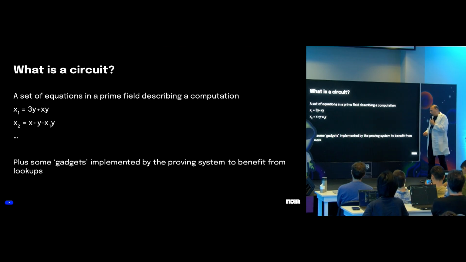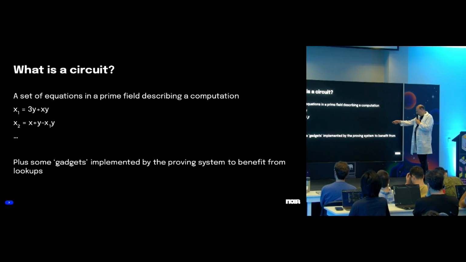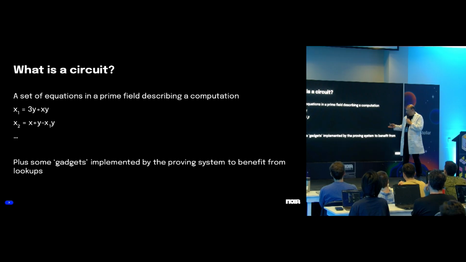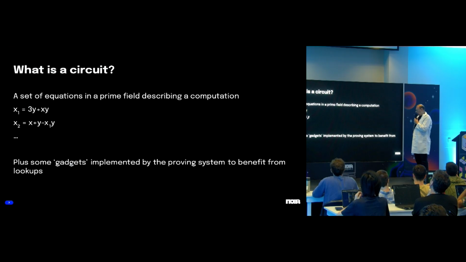In the context of Noir, we also have more in the output of the compilation, what we call gadgets, or in the context of Noir, black box functions, which represent a small computation that is implemented by the proving system, much more efficiently than using a generic circuit.